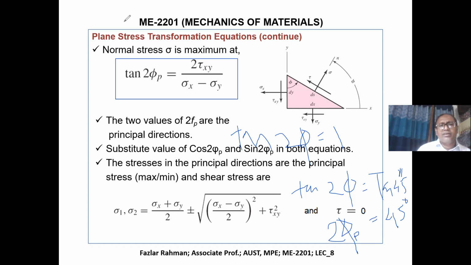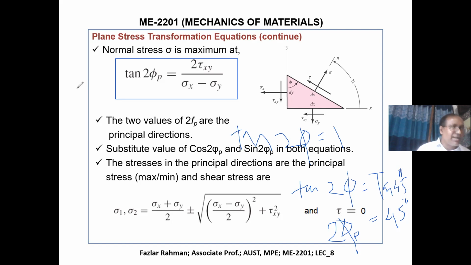Alamin, you are roll 82. You are on the computer? Yes, sir. You have a calculator with you? No, sir. Sorry. Oh, okay. Tell me, tan 45 equal to 1, right? Yes, sir.